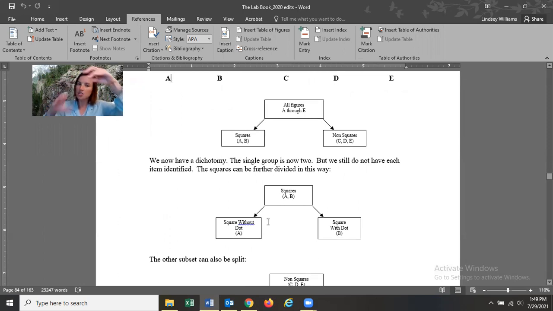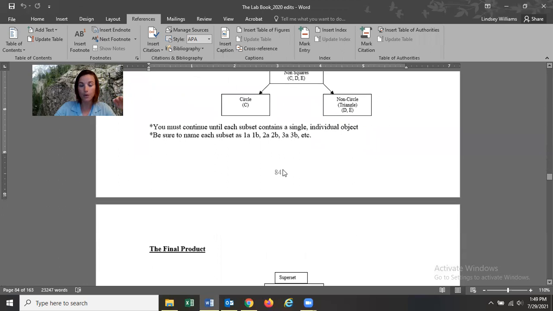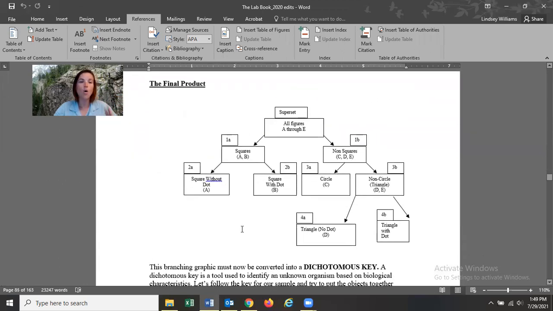So now we're gonna look at squares and we're gonna break squares down. Now this portions them out. On yours, you're gonna have your lines coming straight off the square box. So I'm just gonna go down to the final, okay, which is here. This is the whole final product tree diagram, branching tree diagram. We start off with all, we break down squares and not squares.